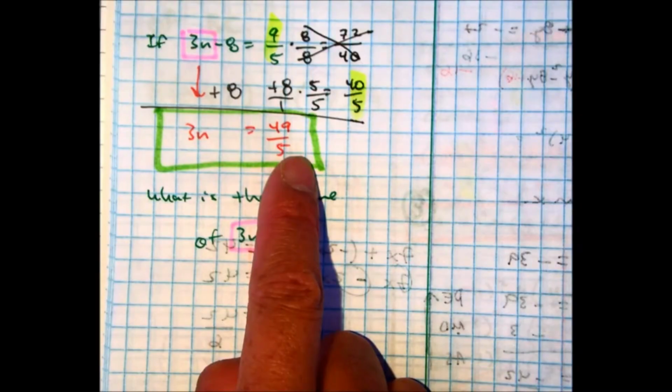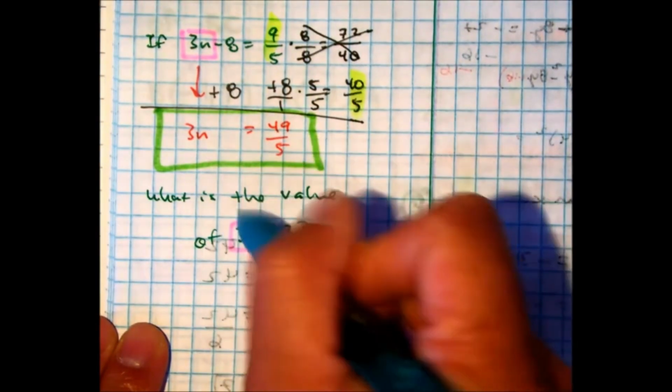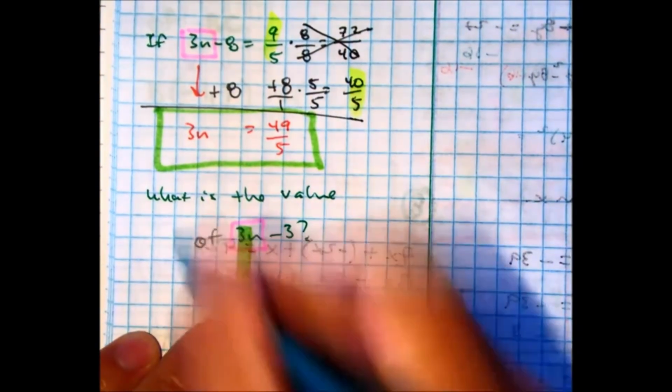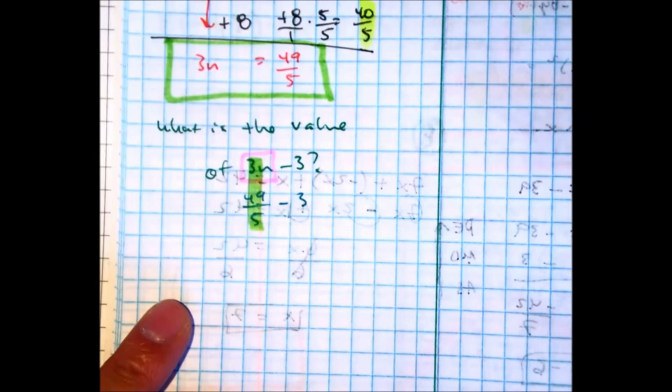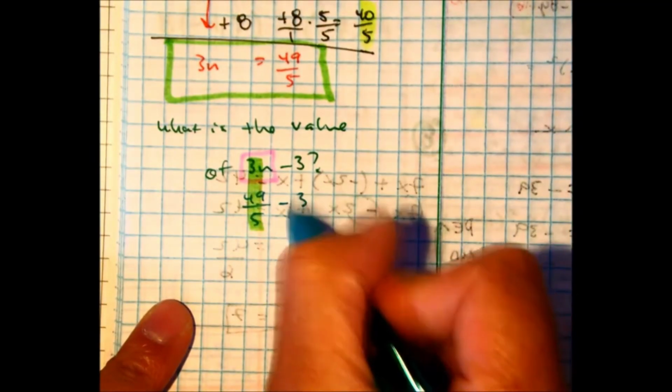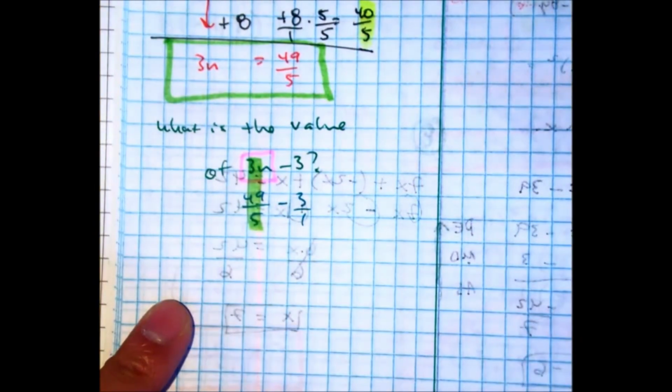What I can do next is I can just substitute that in for the 3n. I get 49/5 minus 3. Partner A to partner B. What do I have to multiply in order to be able to subtract the fractions?